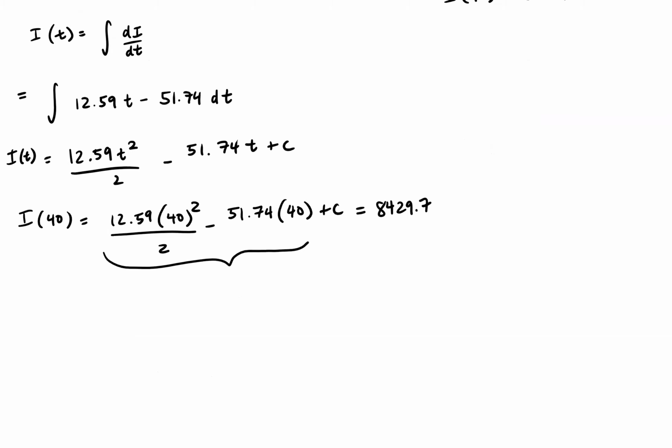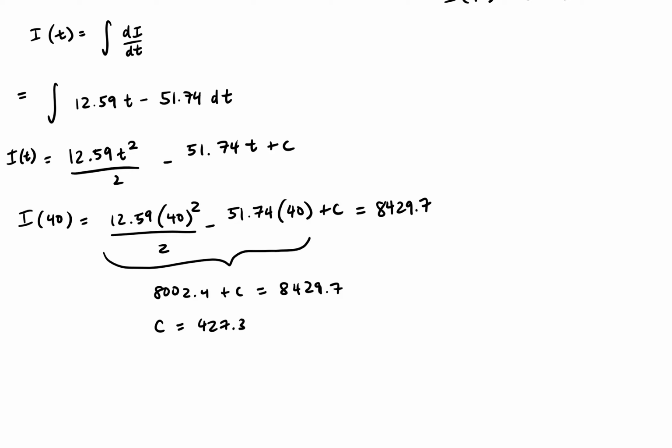So this thing here simplifies to 8,002.4 plus c equals 8,429.7. And then if you subtract 8,002.4 from both sides, you end up getting that c is equal to 427.3.